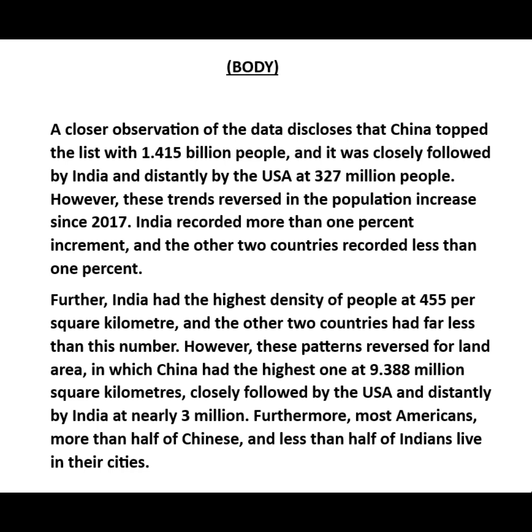You can write like this, it was closely followed by the USA, but we don't need those words. If you need words, you write like that, or this will do. Closely followed by the USA and distantly by India at nearly 3 million. We have rounded to 3 million.